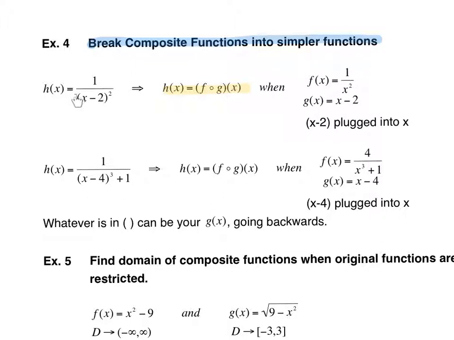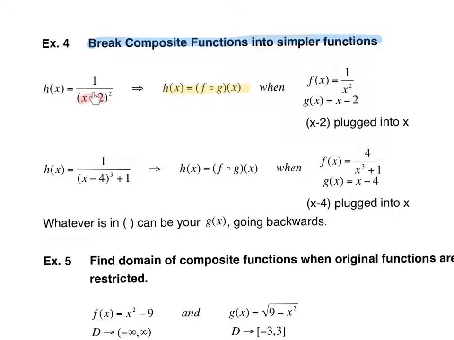So see how we have parentheses here? So if I highlight this right here, and in fact let me highlight that with pink. So only the x minus 2 has been substituted in to here. So if I cover up the x minus 2, you have 1 over something squared.